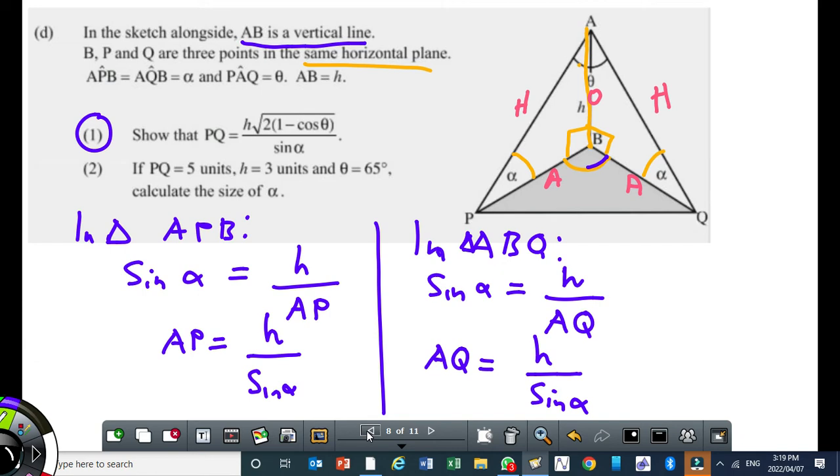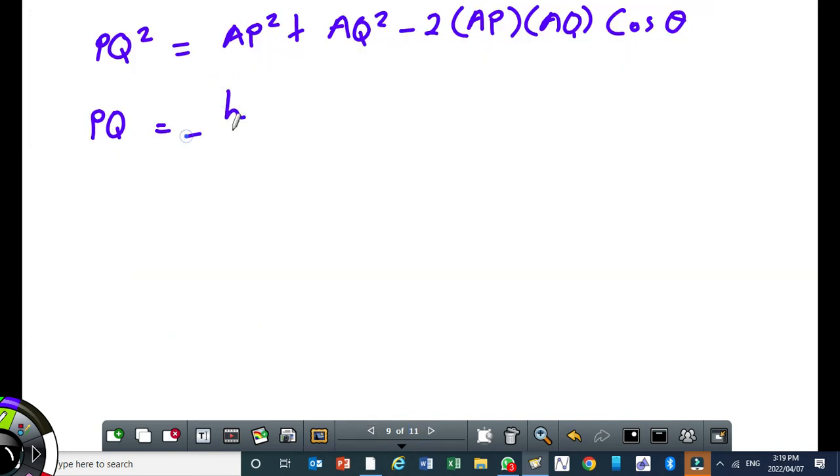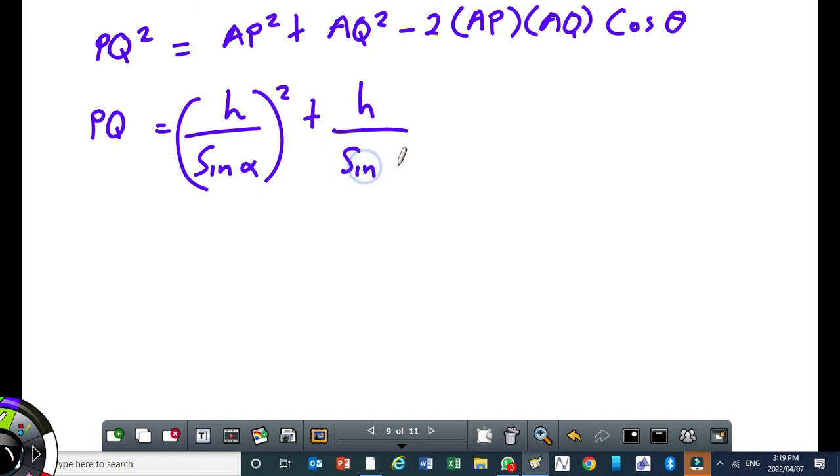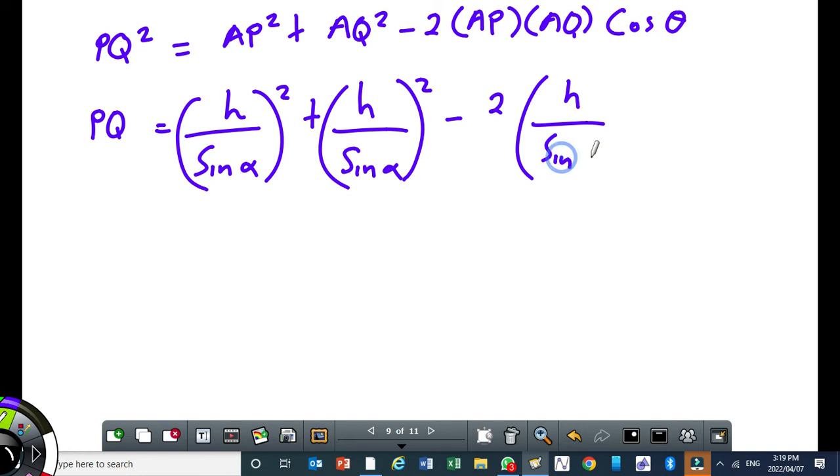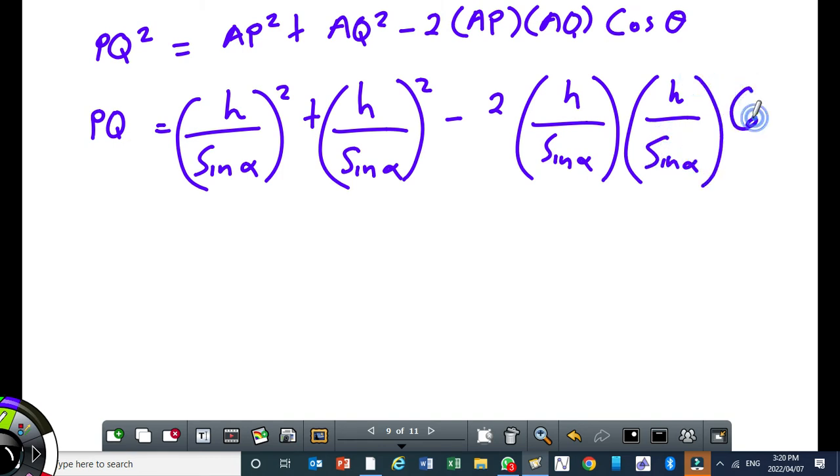So I'll put here H over sine alpha, then I have to square this, plus AQ is also H over sine alpha, squared, minus 2 times AP, which is H over sine alpha, and AQ, which is also H over sine alpha, then times cosine of theta.